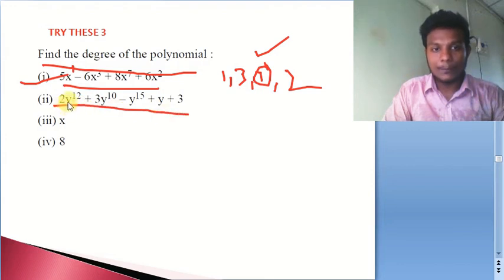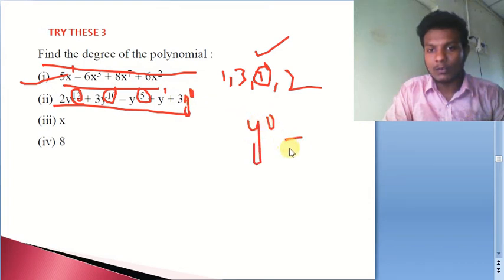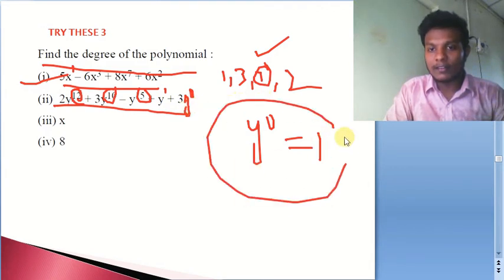Now let us come to the second one. Here it is 2y power 12. Forget the coefficient when you are dealing with the degree. The exponent is 12 here, 10 here, 15 here, 1 here, and nothing is there. Can I write y power 0 here? y power 0 is always 1. We shall be discussing in our forthcoming discussions why it is important to write 1 as some variable power 0.